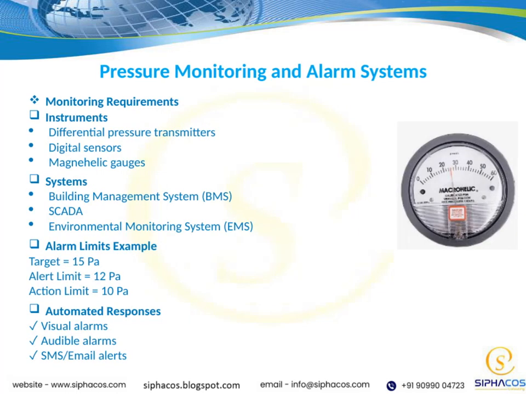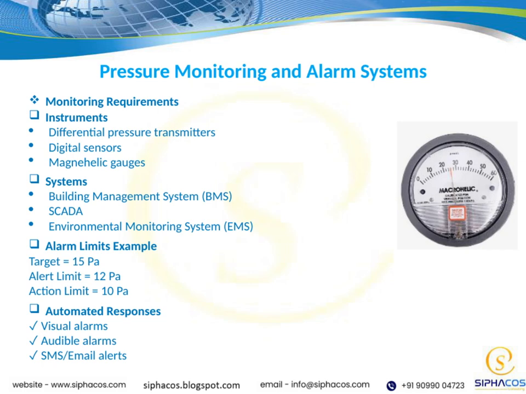Now, let's look at pressure monitoring and alarm systems, a critical part of keeping environments safe and stable. We use a variety of instruments, from differential pressure transmitters and digital sensors to magnehelic gauges, to track pressure levels accurately. These feed into larger systems like building management systems, SCADA, or environmental monitoring systems.